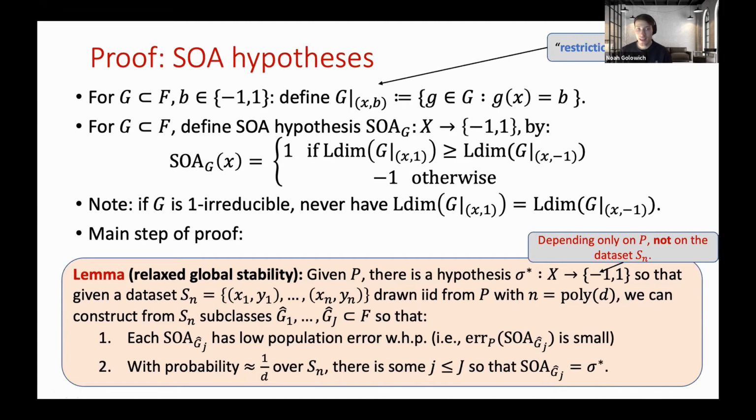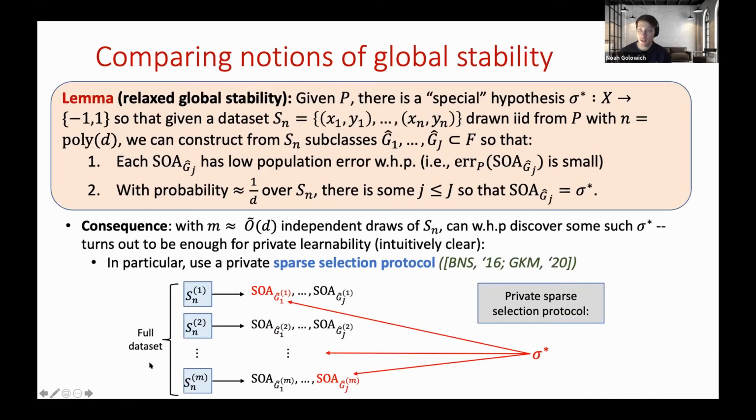So if we had an oracle that could just tell us sigma star, then we'd basically be done, because we could output sigma star as the output of our private learning algorithm. And sigma star does not depend on the data at all, so it would trivially be private. We don't have such an oracle, but the second property allows us, in a sense, to simulate such an oracle. And that's what I'll discuss on the next slide.